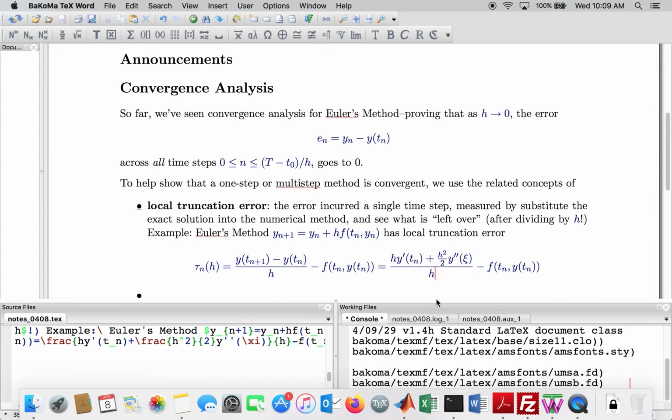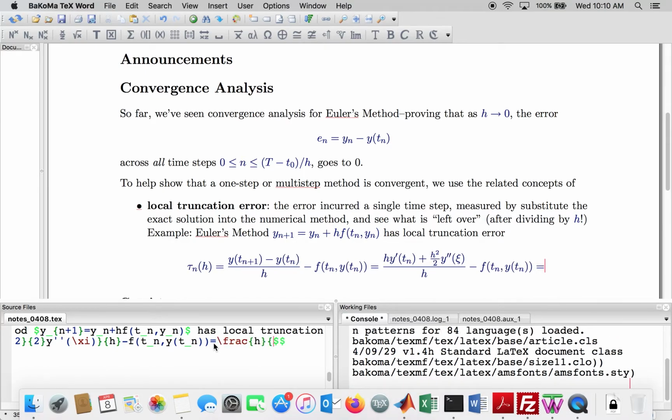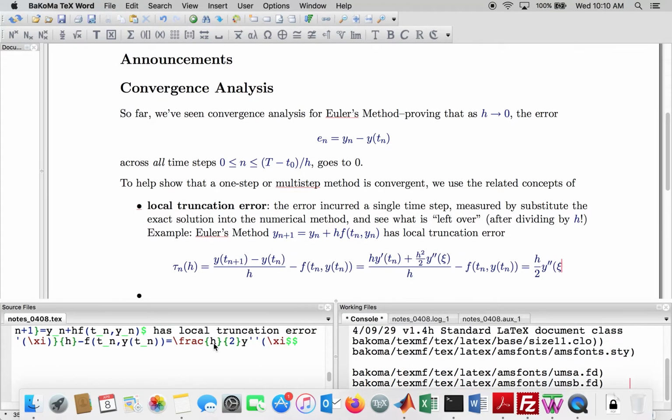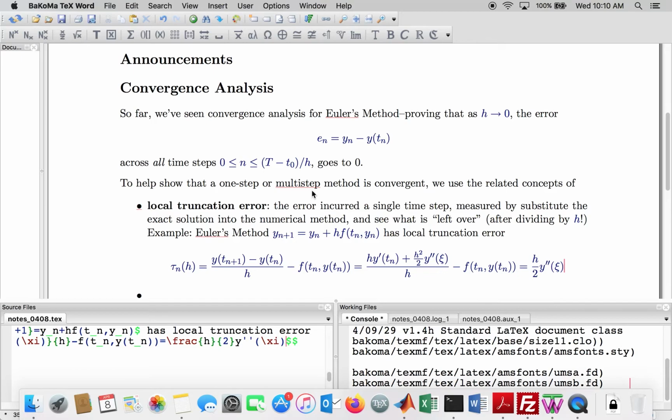So this part, if we break this up into two fractions, will just give me f, which cancels with this f. And then the only thing that's left is this h squared over 2 y double prime, but that is divided by h. So what we get is h over 2 y double prime at c.